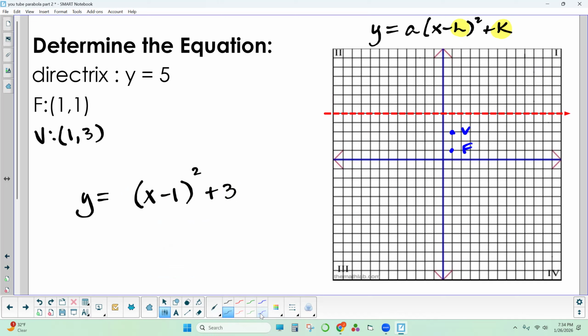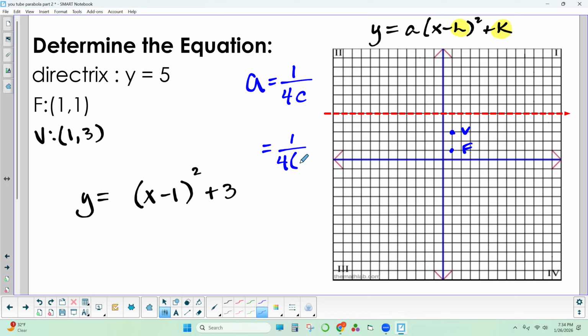And speaking of a, we have a formula that sets a equal to 1 over 4c. That c is the distance between the vertex and the directrix and the vertex and the focus. And as you can see on our little sketch here, it is 2 units. So what we can do is we can say 1 over 4c.